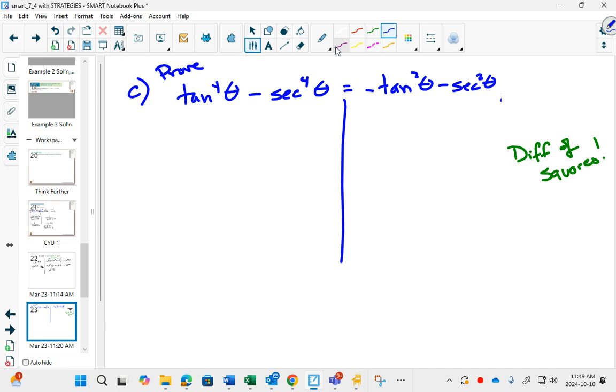It's something squared minus something squared. So I can factor it. If I factor it, I would get tan squared theta plus secant squared theta, and tan squared theta minus secant squared theta.